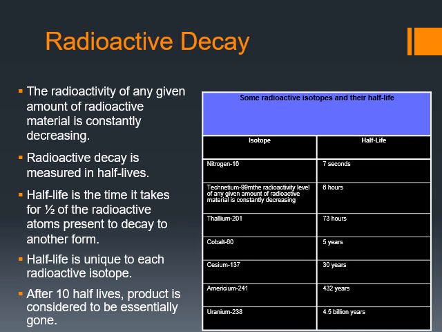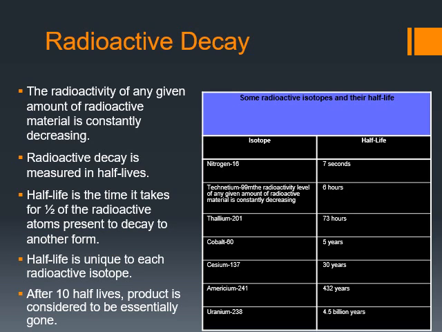Radioactive decay. Any radioactive material is constantly emitting radiation, and as such, it's also decreasing the amount of radiation that it has. We measure that as a half-life. It's the time it takes half of the radioactive atoms to decay into another form.